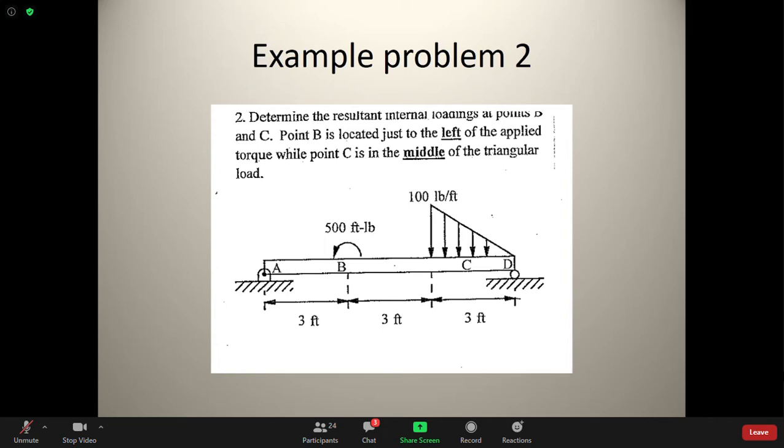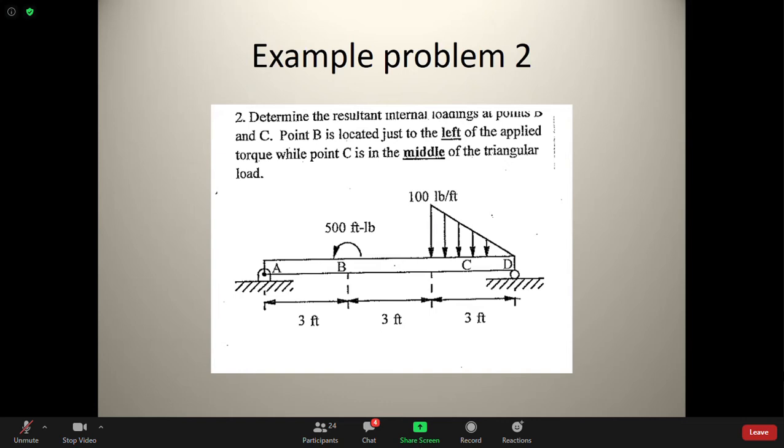At what point will this be acting? What's the distance from this end D to this point? Anybody? 2 feet. It will be 2 feet because for a triangular load, we know that the resultant acts at 1/3 from the tall end, 2/3 from the pointed end. So 2/3 of 3 would be 2 feet. This is 2 feet and this is going to be 1 foot.